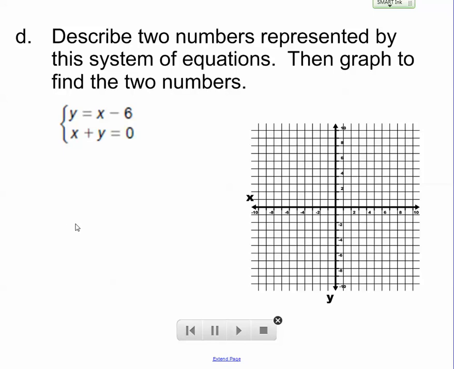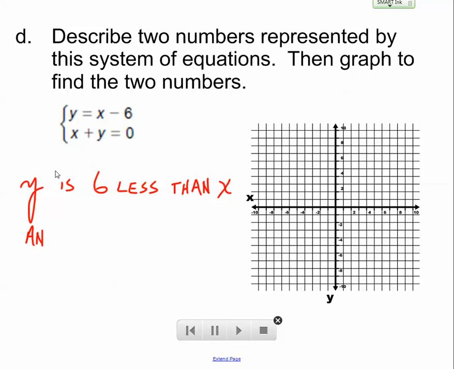Describe two numbers represented by this system of equations, then graph to find the two numbers. So they want us to actually talk about these two equations. What are they saying? Well, the first one I'm going to say y is 6 less than x. That's what that first equation says.